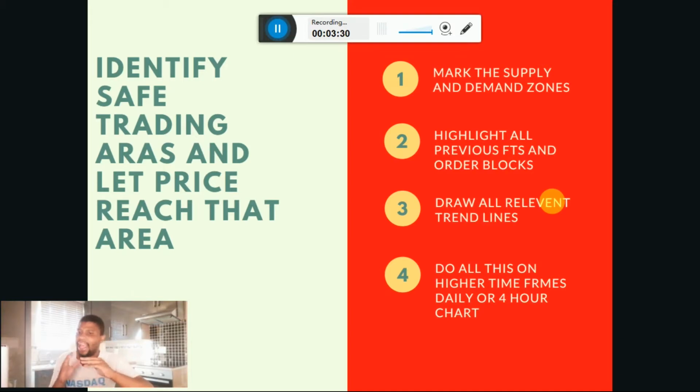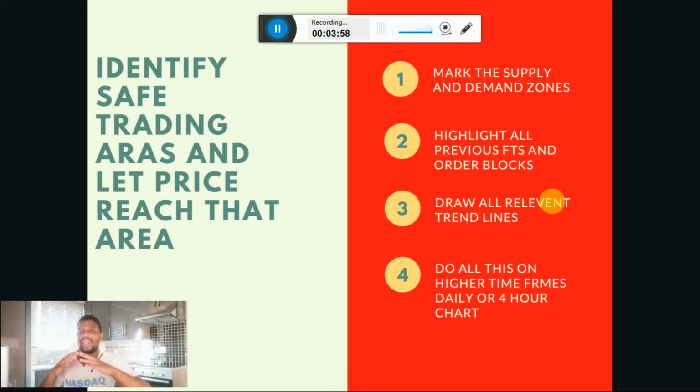Then highlight all previous FTRs, as I said, and all other block and order flow levels, and also draw all relevant trend lines. Do these steps in all higher time frames. When I say higher time frames, it can be the weekly, the daily, or the 4-hour charts.